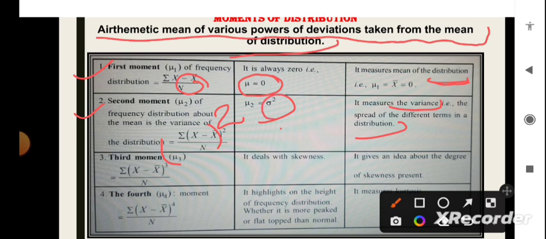So when we square the first moment, all the negative values become positive, which will give us a positive number but not 0. The third moment is the cube of the first moment and it tells us about the symmetry of any distribution and the skewness.